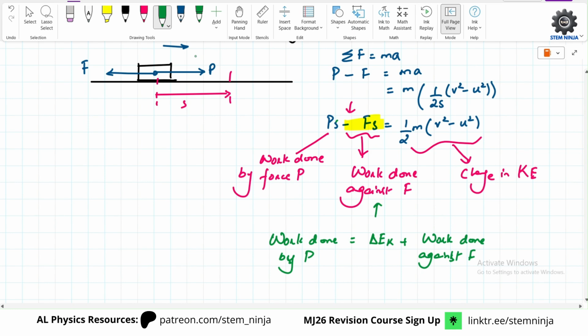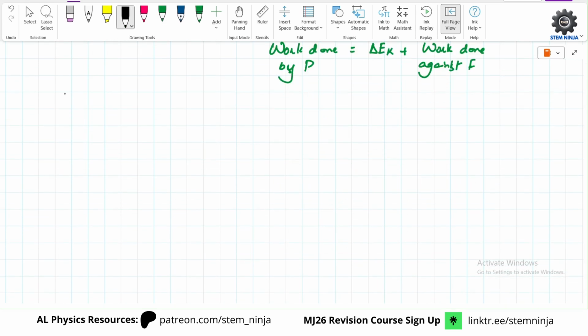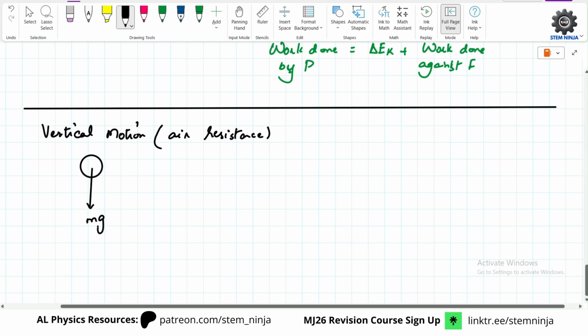Now, let's take it in the vertical motion with air resistance. Let's see how this works out. So, let's take a simple case over here. You have an object going downwards. mg is downwards.